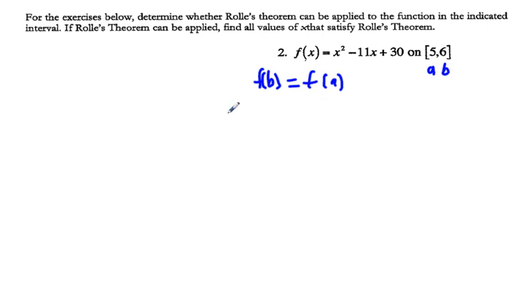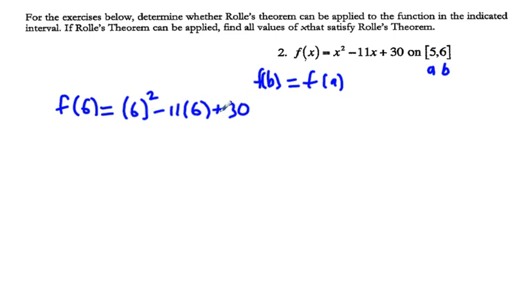And so, going with the left here, f of b, well, b being 6, is going to equal, we substitute in 6 in place of x, so 6 squared minus 11 times 6 plus 30.